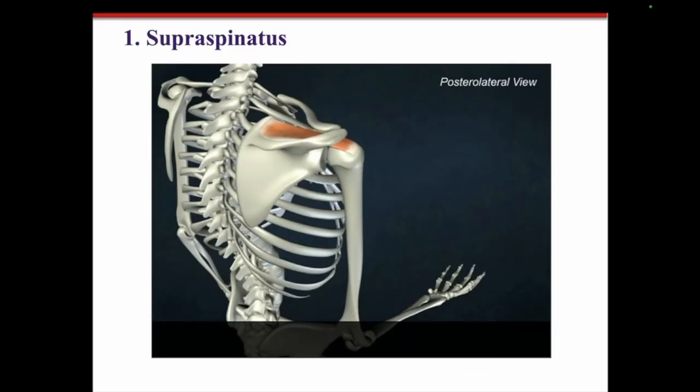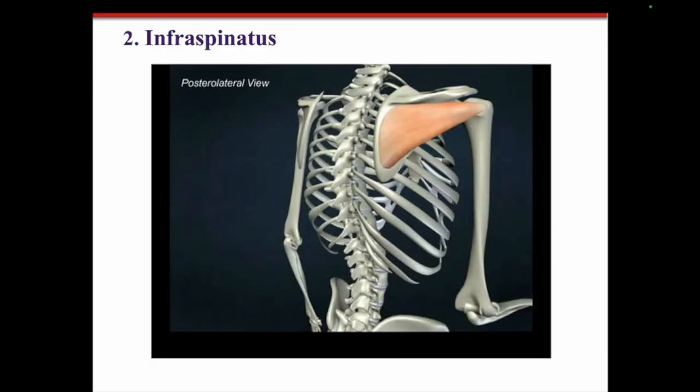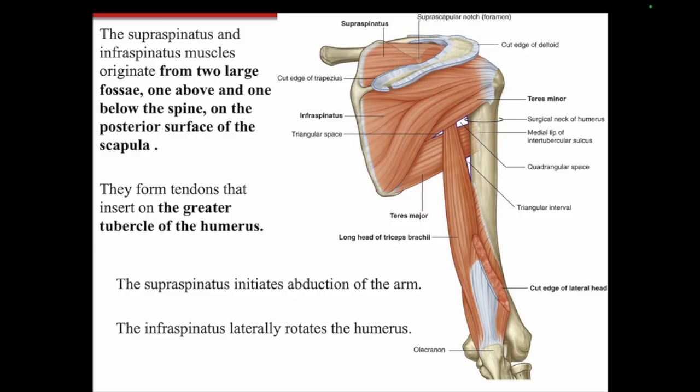So with the supraspinatus, just by looking at the angle, you see that it does participate in abduction. Infraspinatus, just by looking at the angle, you see that it will try to pull the arm out. So the supraspinatus initiates abduction, whereas the infraspinatus rotates the arm laterally.